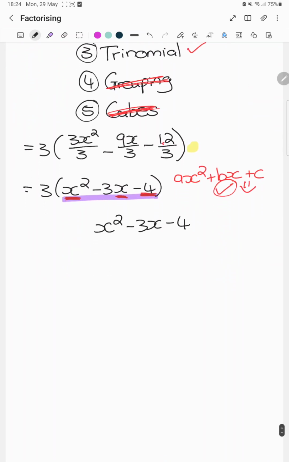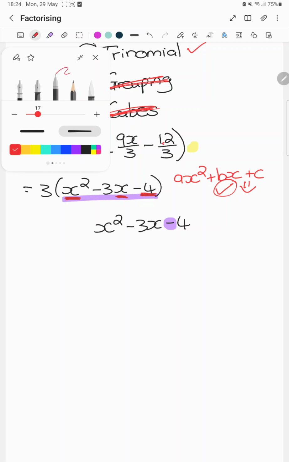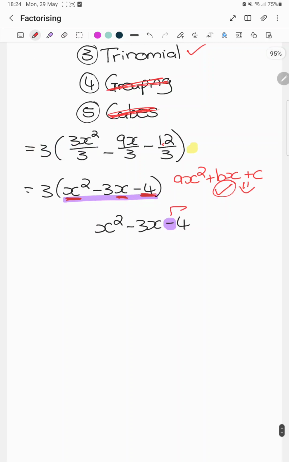To factorize this, you always look at the sign in front of your constant first. The fact that this is a negative means that one bracket has to be positive and one bracket has to be negative. Now we move on. Let's get the factors of x squared. That will just be 1 times 1.